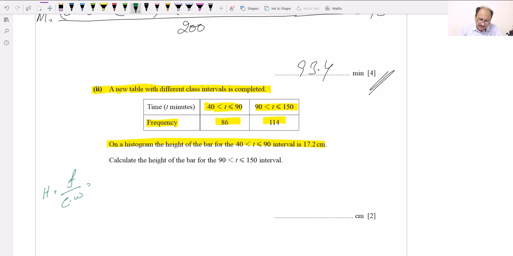So in this case, if we apply it on this one, this will be 86 divided by 90 minus 40, which is 50.